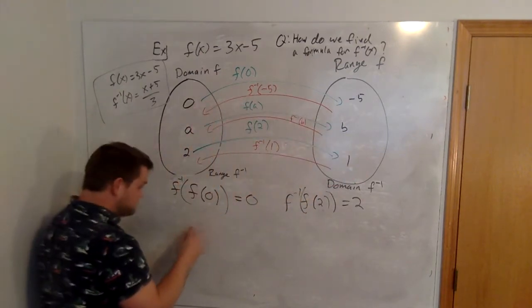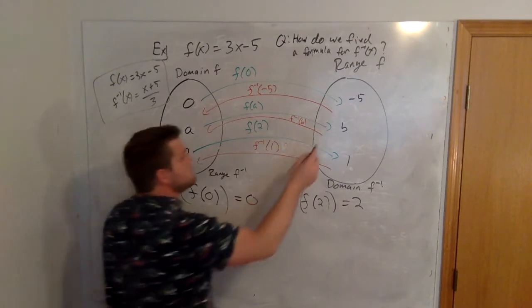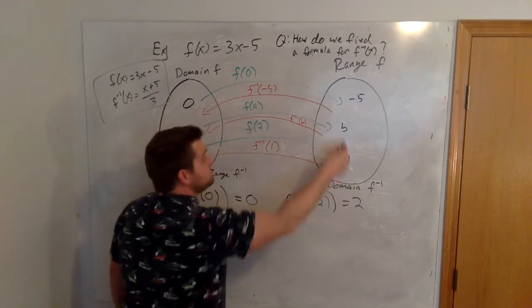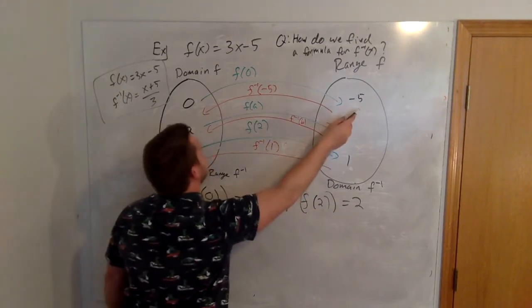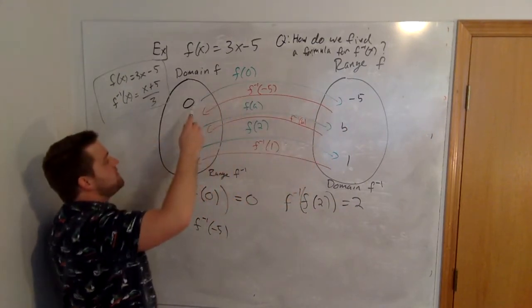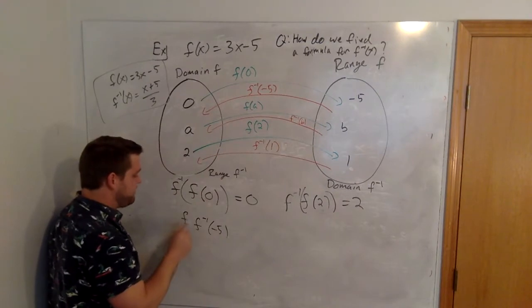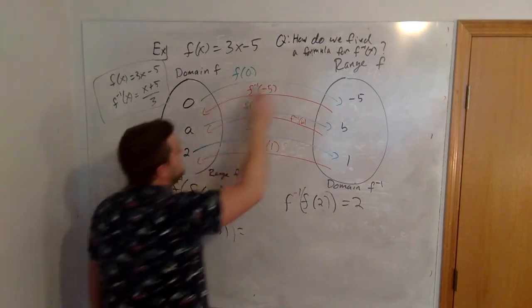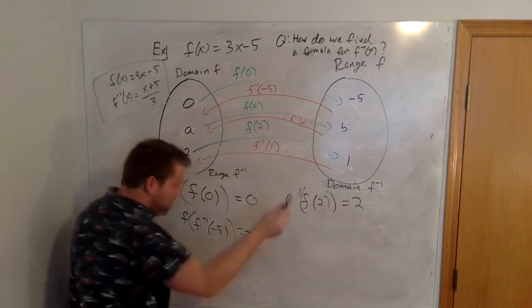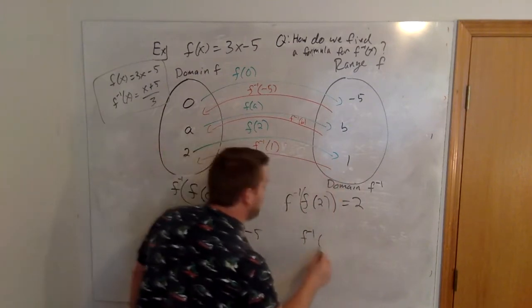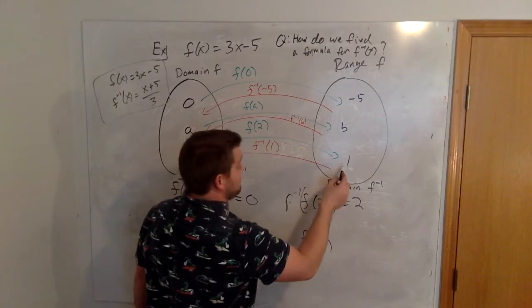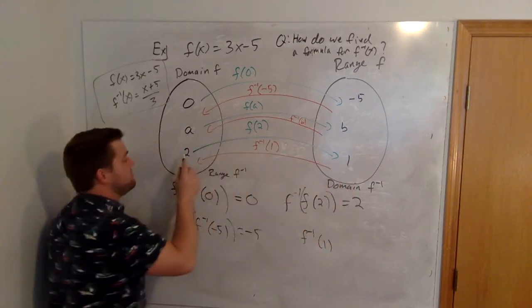So notice, if I started with something in my range, or I guess the domain of f inverse, if we plug in -5 into the inverse function, we get an output of 0. Now if I take 0 and plug it back into f, I'm going to get right back to -5. Similarly, if we plug in 1 into f inverse, that's going to map us to 2.